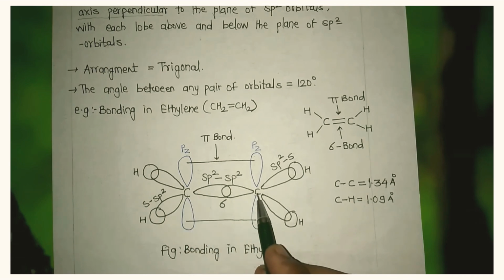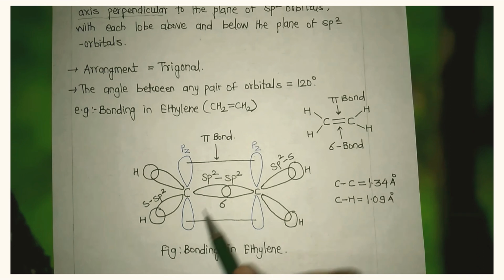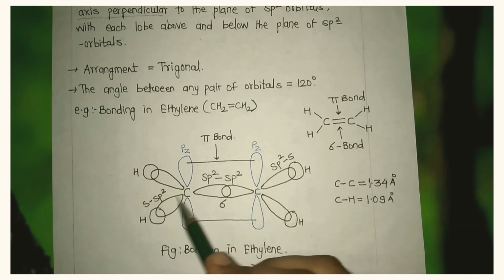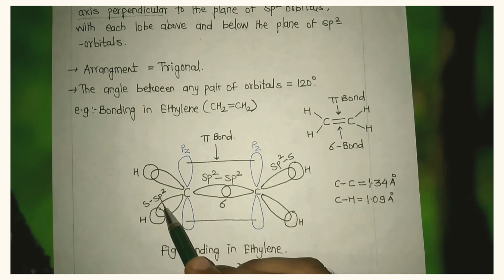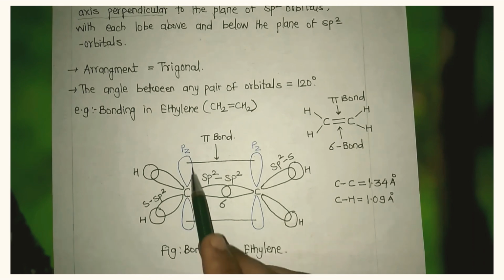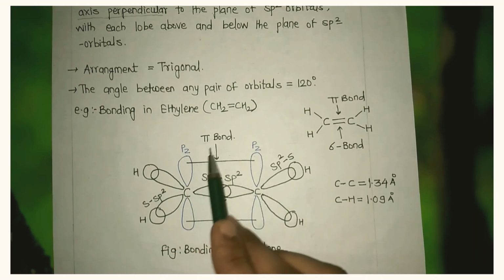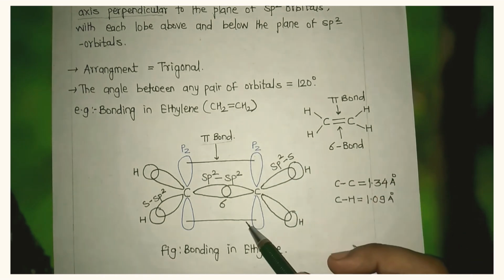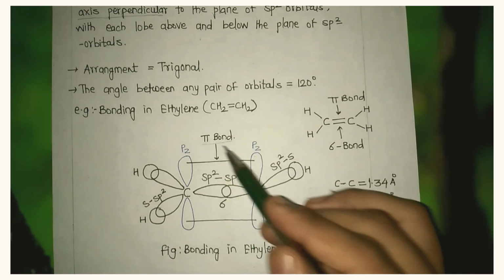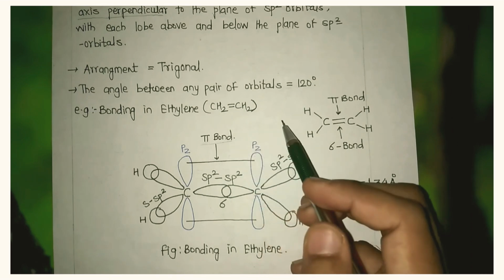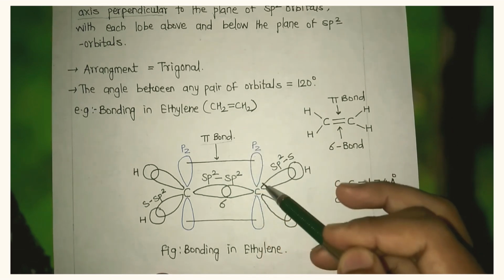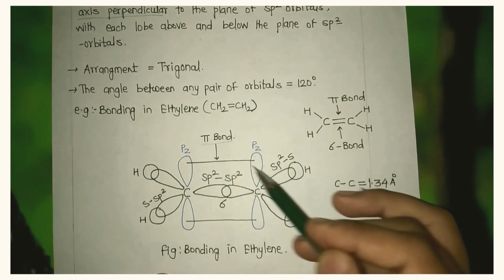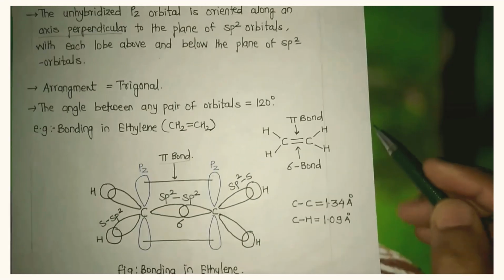The C-C sigma bond is formed by sp2-sp2 overlap, and the C-H bond is formed by sp2-s overlap, and pz is involved in the pi bond formation. One half of this and one half of this make the one pi bond. Two pz orbitals are involved in the one pi bond formation.